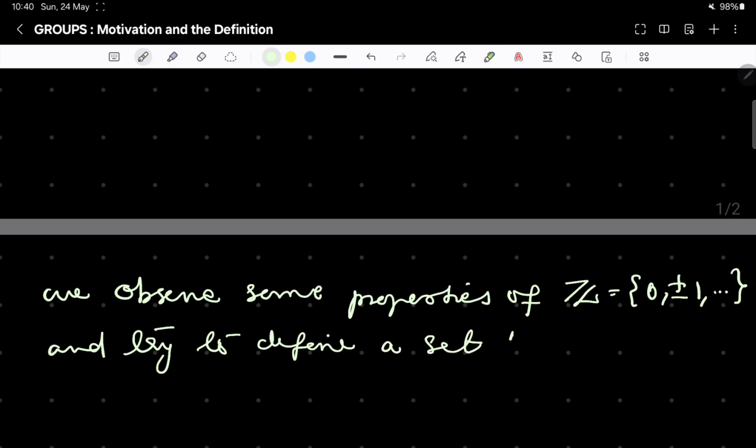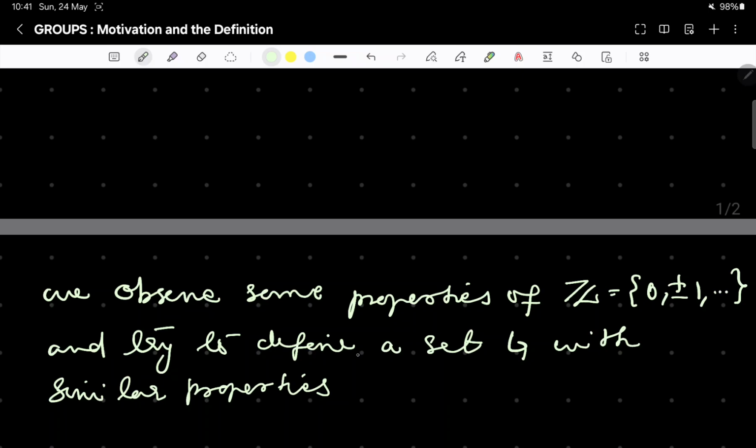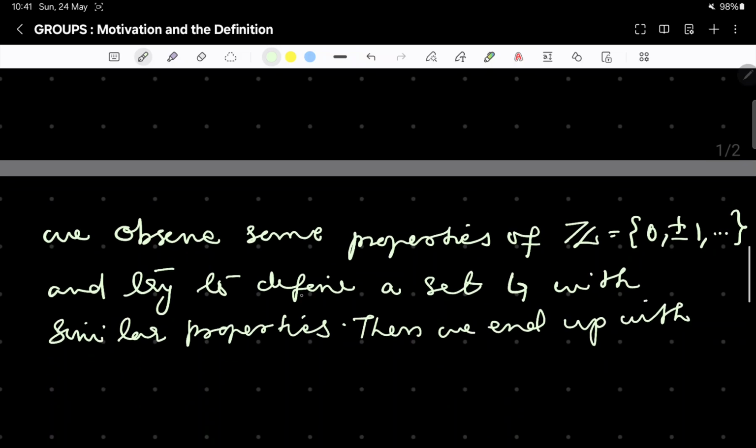a set G with similar properties. Then we end up with the classical definition of group.